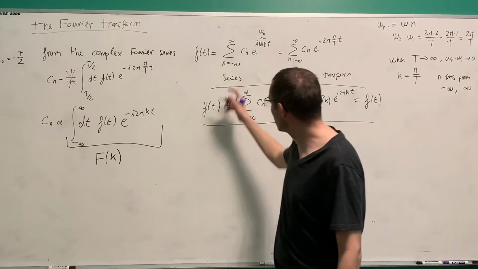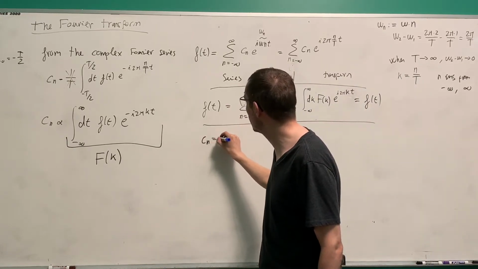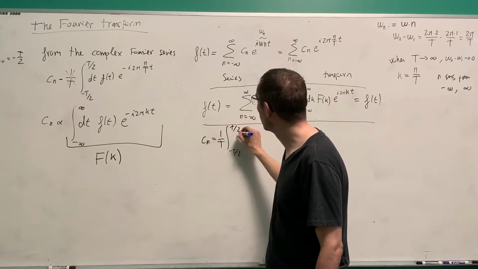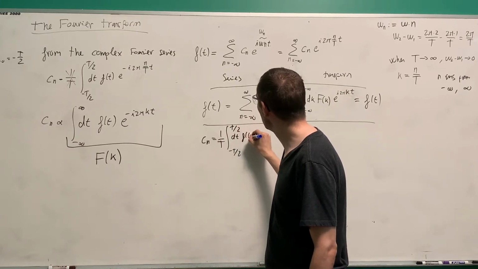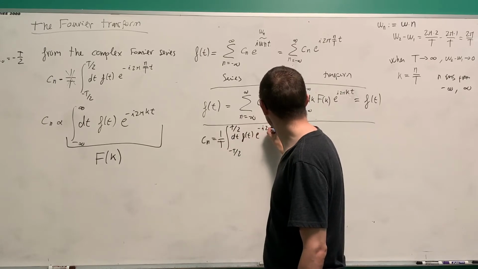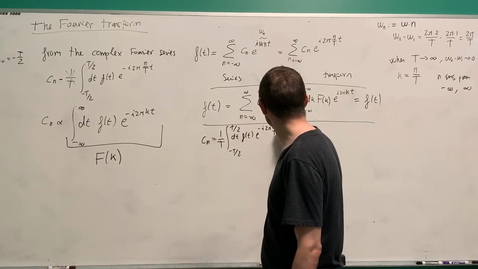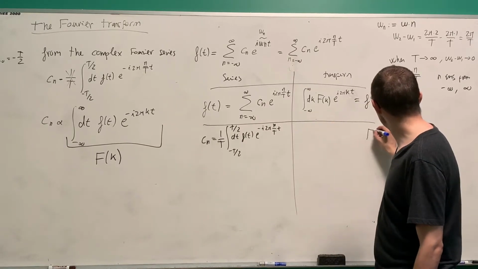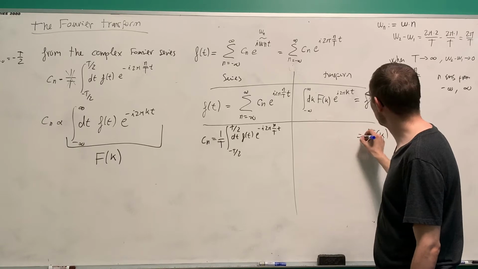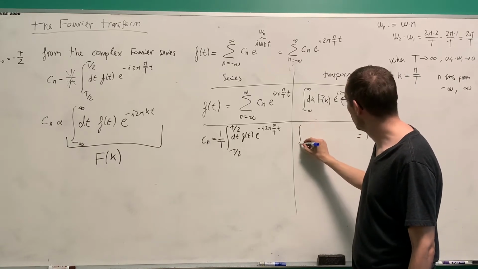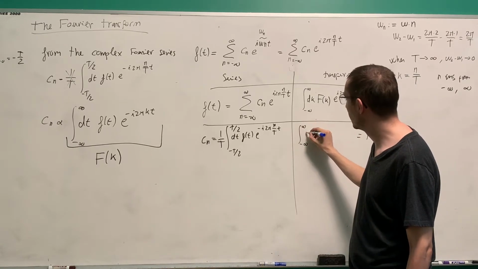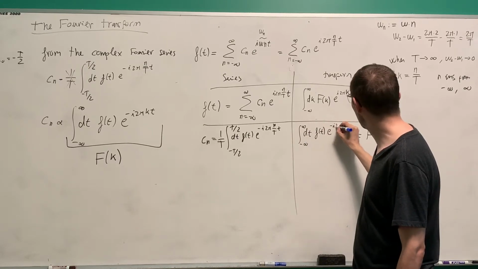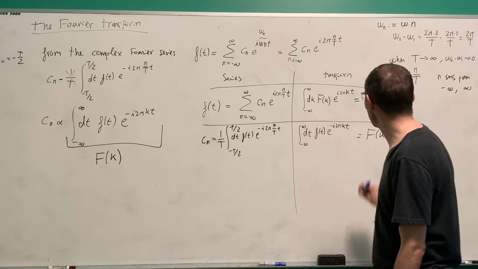And of course, in the series, what I have is the coefficient that was equal to 1 over T integral from minus T over 2 to T over 2 dt f of t e to the minus i 2 pi n over capital T times t. That thing now becomes this F of k that is equal to the integral from minus infinity to infinity dt f of t e to the minus i 2 pi kt.